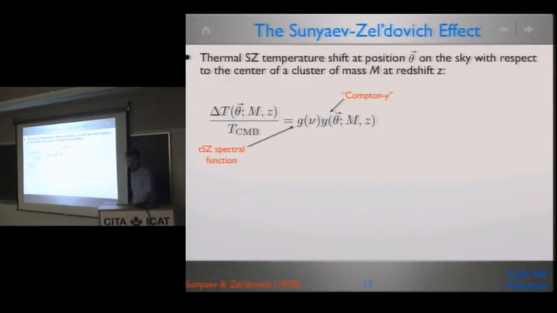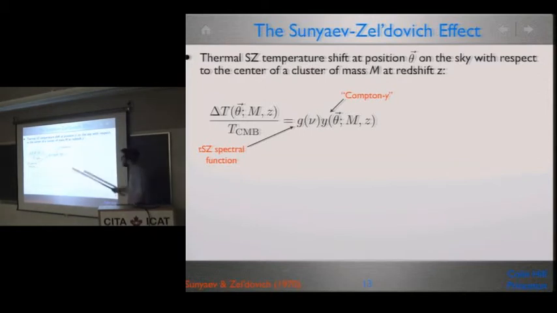All right, so how do you model this effect? So imagine we have some cluster on the sky with mass m and redshift z. If we want to know what the thermal SZ temperature shift at some position theta with respect to the center of the cluster is, the fractional change with respect to the CMB temperature is just given by the product of the TSZ spectral function, which is the curve that I showed on the previous slide, and then this parameter called Compton-y.